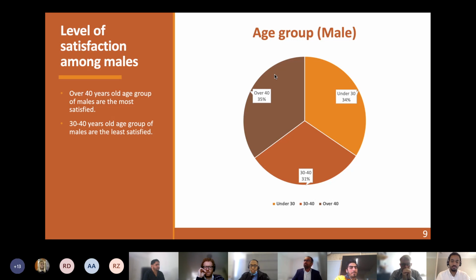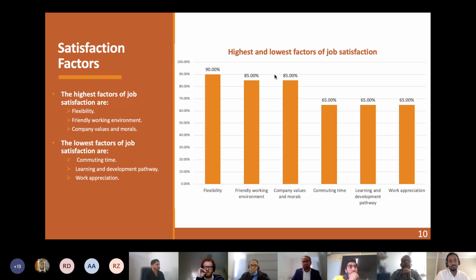After conducting the survey, we found that the factors that attracted the highest level of satisfaction among our candidates were the flexibility of work in their workplace, plus a friendly work environment, and participants also showed a high level of satisfaction with the values and morals of their employers. However, the majority of participants felt that their work in the workplace is not appreciated as they expected.